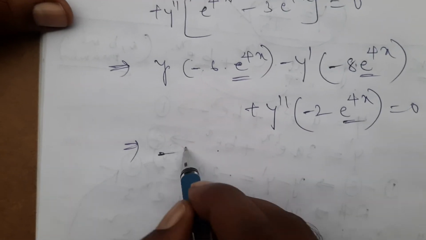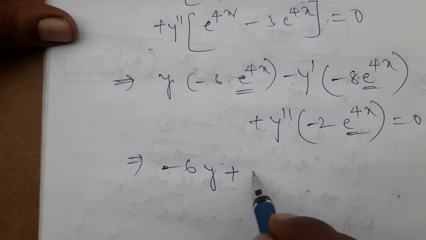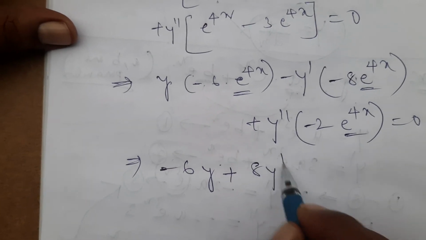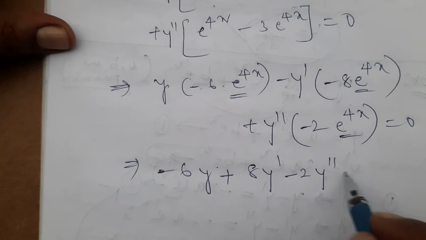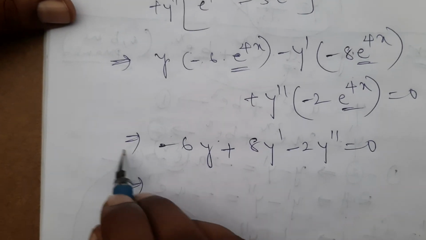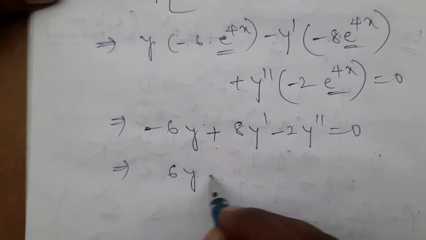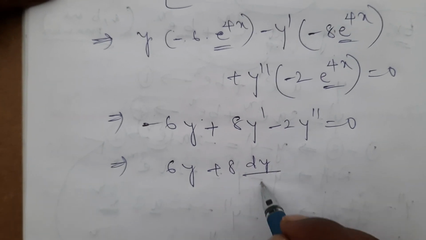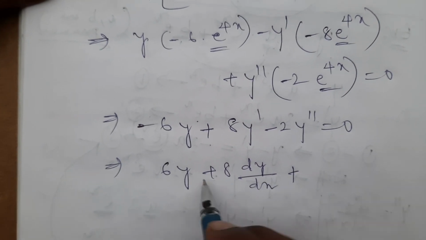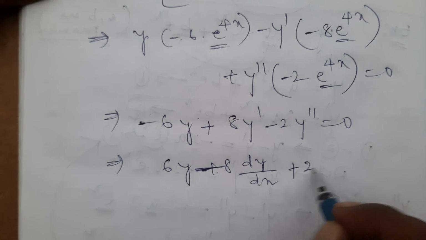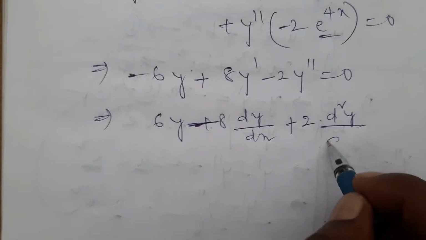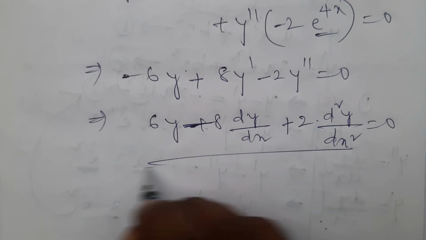Then minus 6y plus 8y dash minus 2y double dash equals 0. Taking minus common, 6y minus 8 dy by dx plus 2 d square y by dx square equals 0.